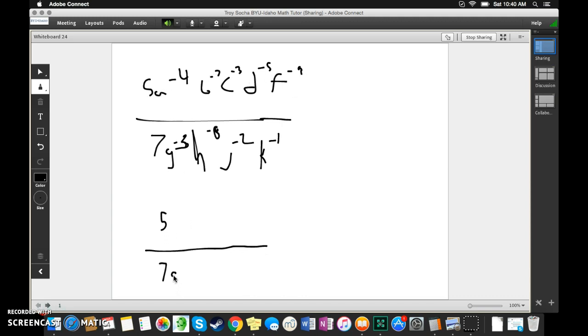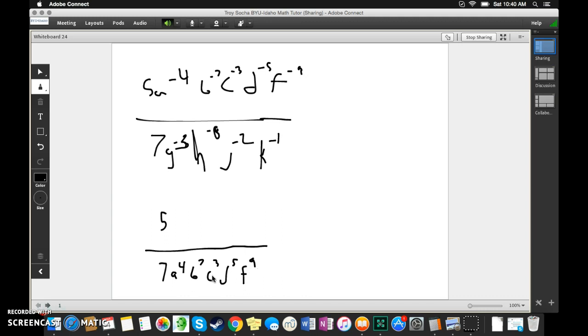So this becomes 7a to the 4th, b to the 7th, c to the negative 3, or c to the 3, c cubed. Sorry about that. C cubed. D to the 5th, f to the 9th.